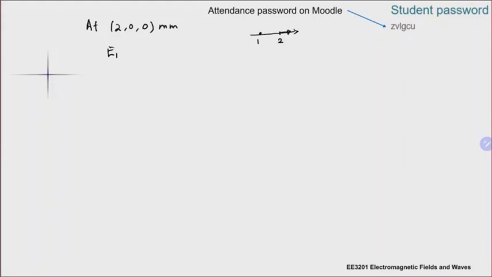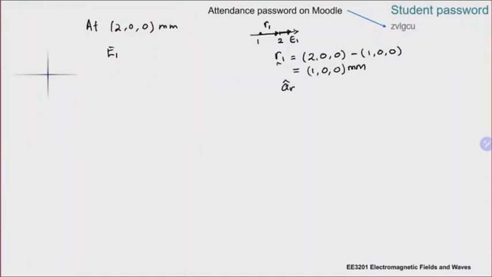This E field here. So R1 is equal to 2, 0, 0 minus 1, 0, 0, which gives us 1, 0, 0 millimeters.